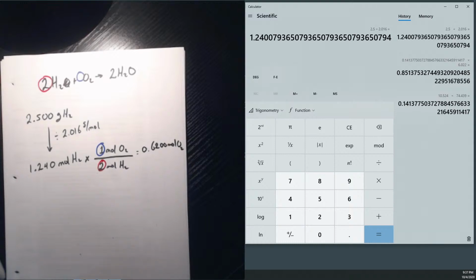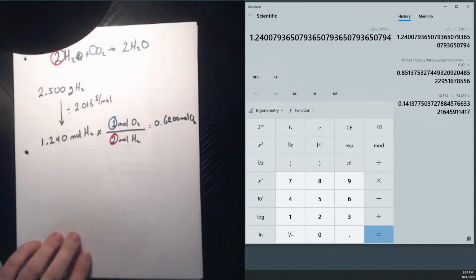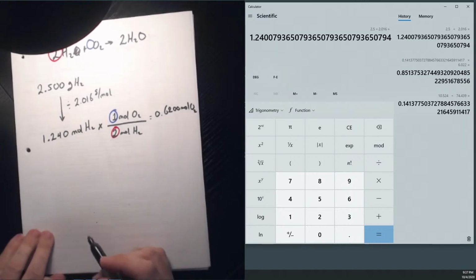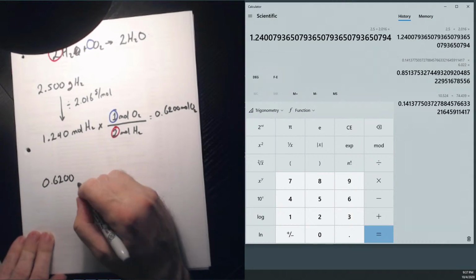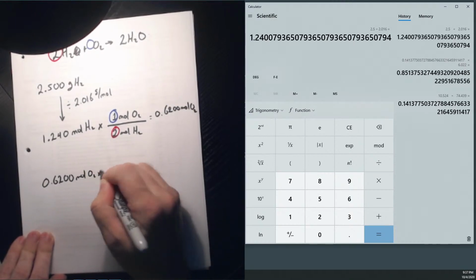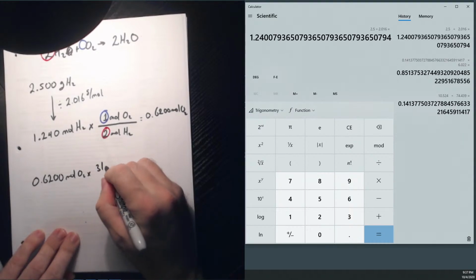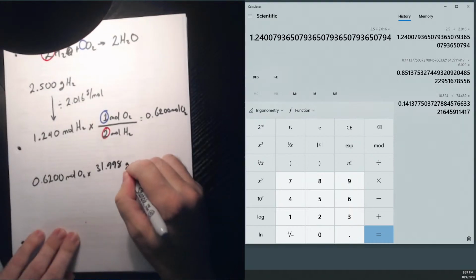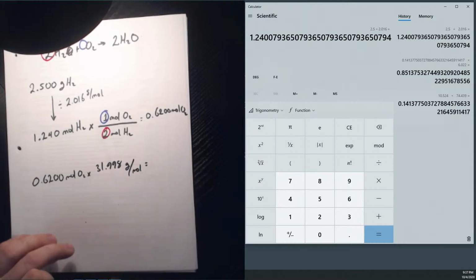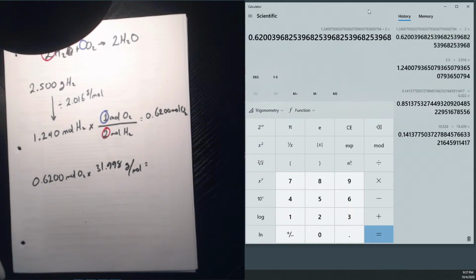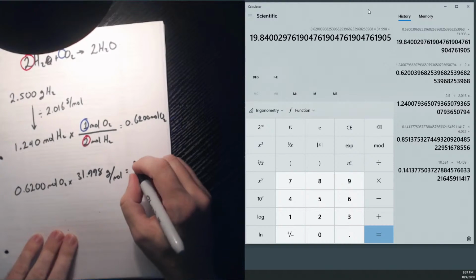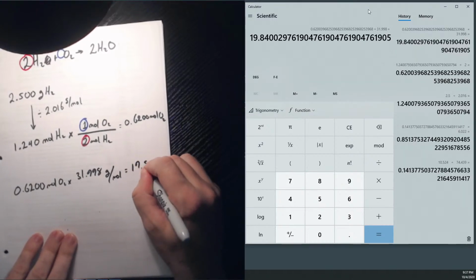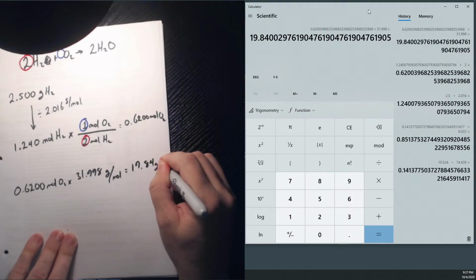But I didn't ask for moles of oxygen, I asked for grams. So we'll convert back to grams. 0.6200 moles of oxygen multiplied by the molar mass, 31.998 grams per mole, means that we will also consume 19.84 grams of oxygen.